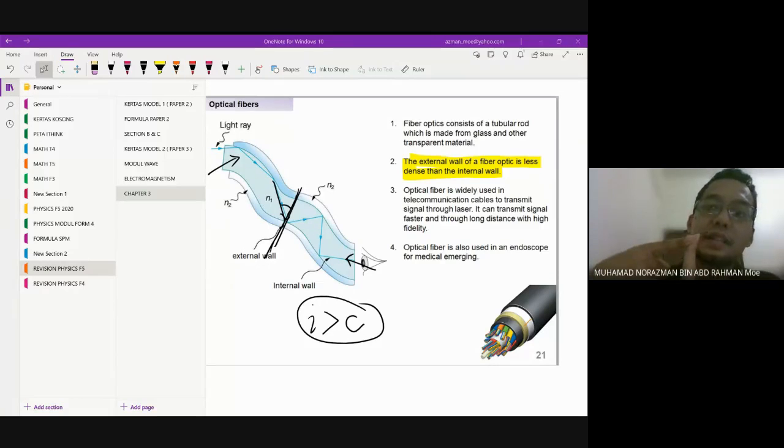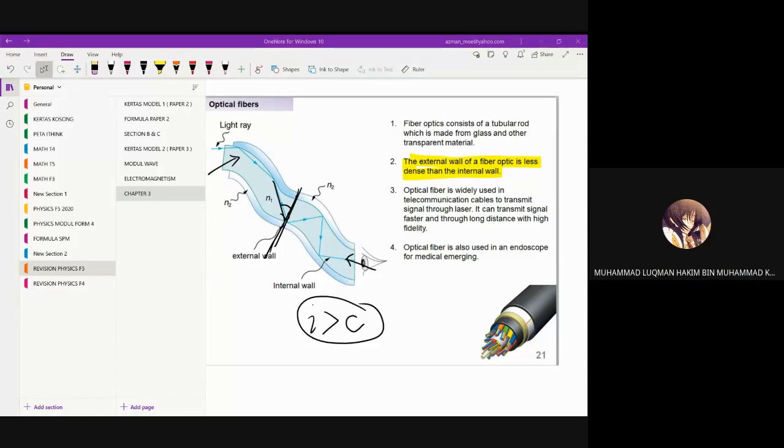Then refraction occur. Third, speed decrease. Tu je point dia. Macam tu teknik jawab dia. Basically soalan tu kita explain the concept. Boleh?